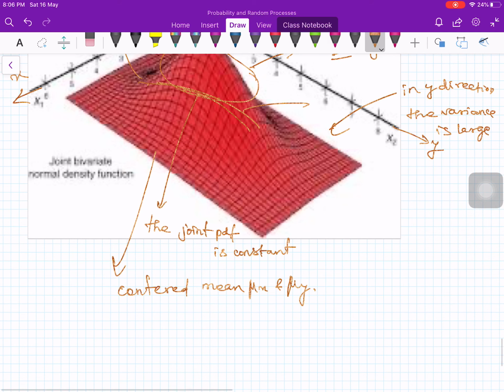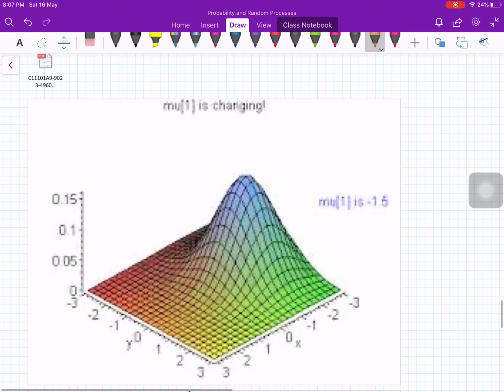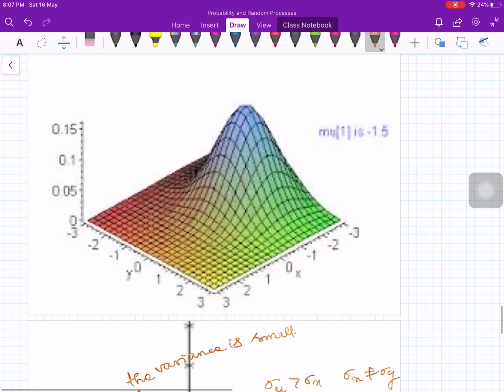This one is a particular case where the bell is centered around 0, 0. The center point is 0, 0. But this other one has some arbitrary center. If you look at this figure, this is the x axis and this is the y axis.